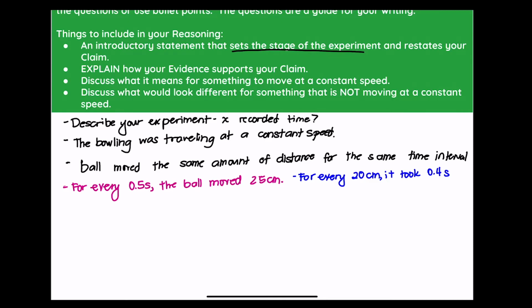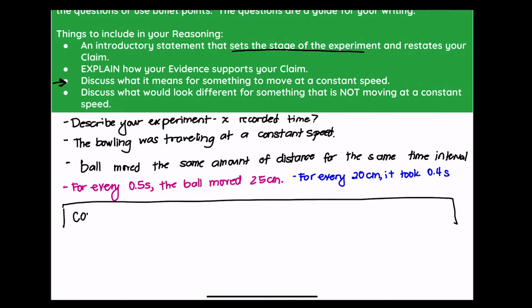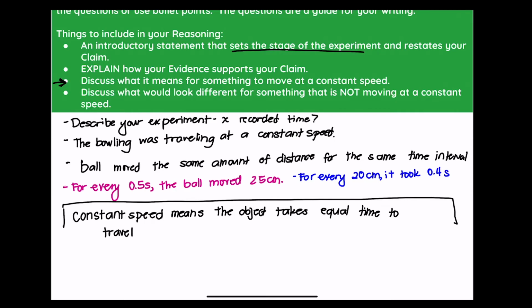Now, let's talk about what it means for something to move at a constant speed. And this is the part where it's kind of important, so I'm going to put it in the box. All right. And what it means to move at a constant speed is, okay, constant speed means that the object takes equal time to travel equal distances.